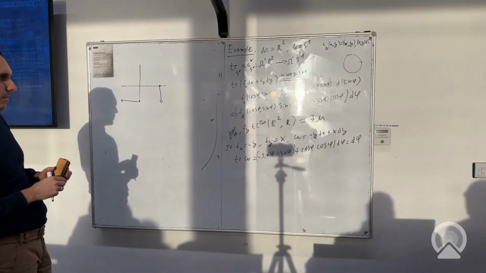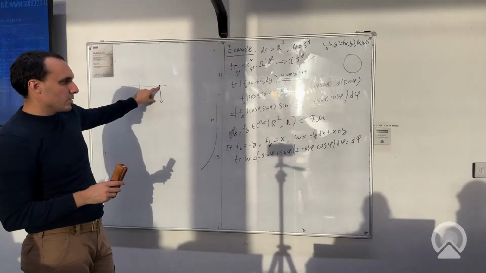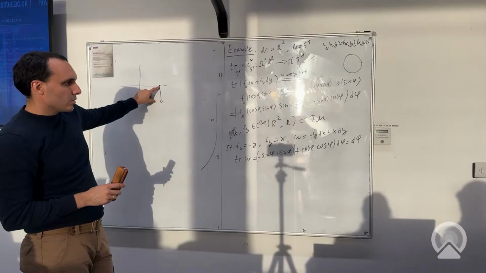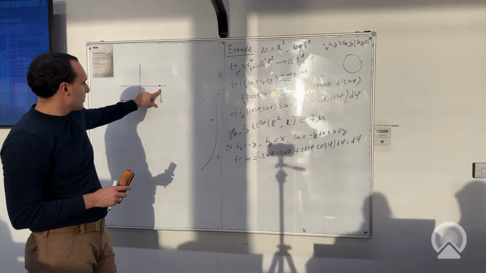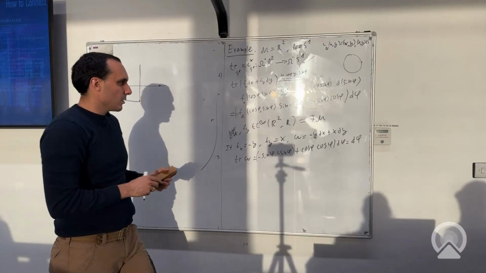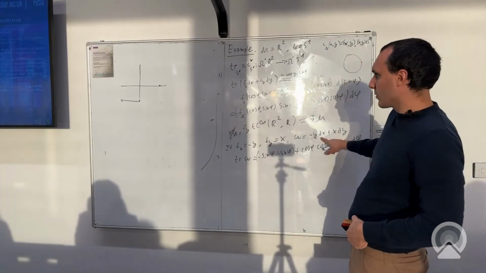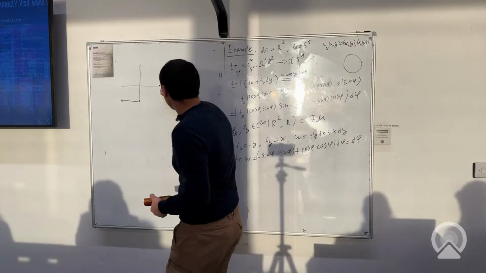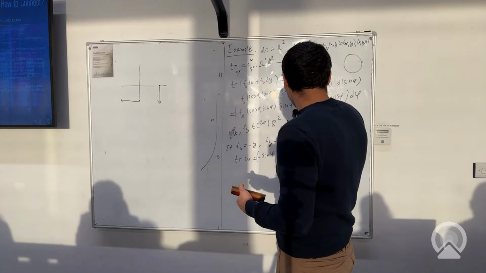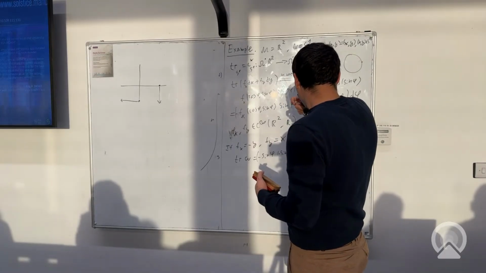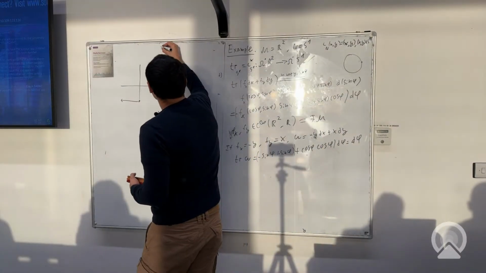So this is the point 1, 0. Then in the direction of x you get minus, no, you get 2y. It goes up.